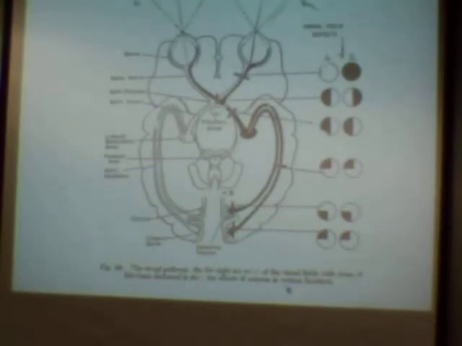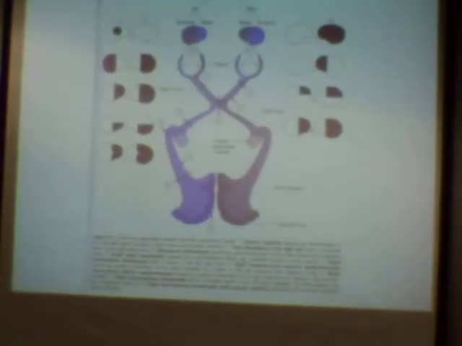And here's probably a better diagram. So you can have superior and inferior quadrantanopsias, coupled with left and right. If it's the right visual field, it's a right something quadrantanopsia.